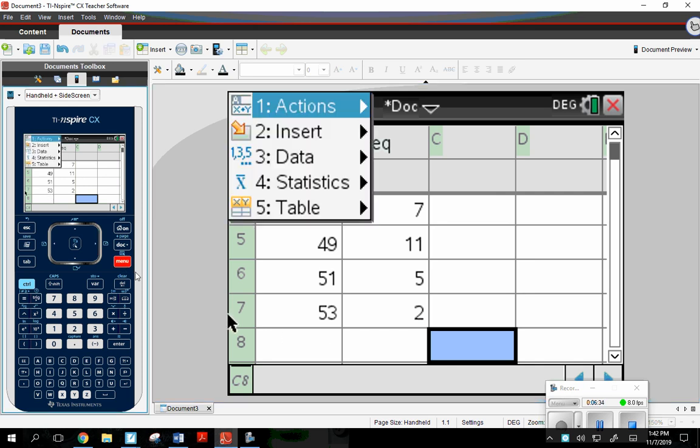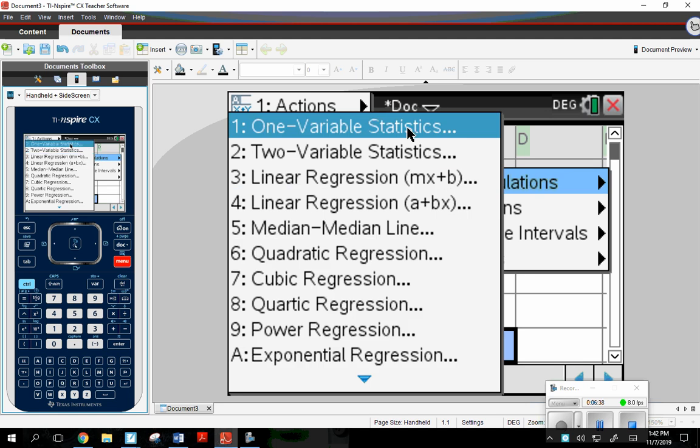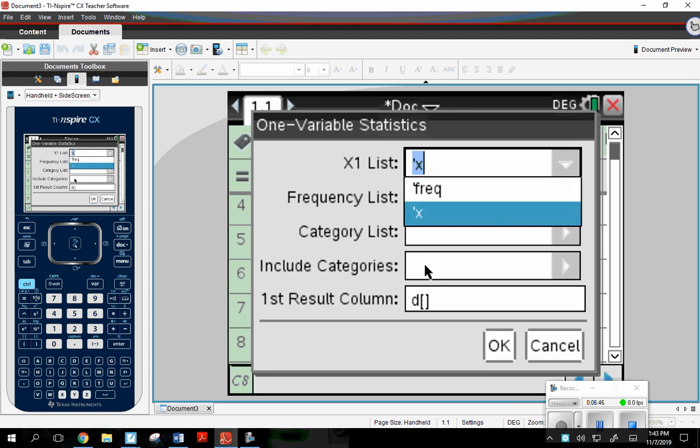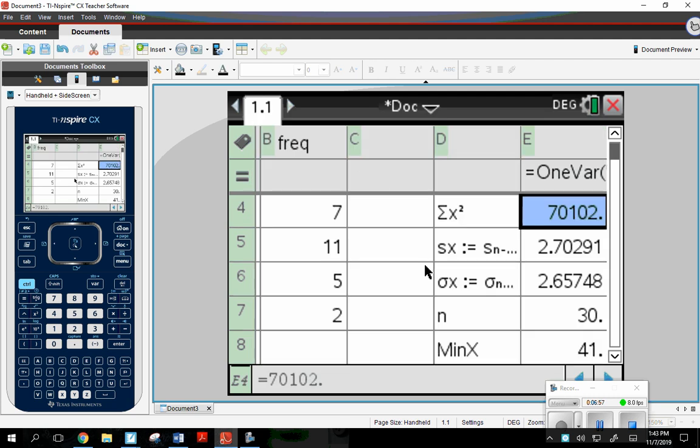Okay, menu, statistics, one variable, remember, because it's just a frequency list. Okay, and then we're going to delete that. Okay, so the first column is my X list. The second column is going to be my frequency list. Again, it's showing up in column D, and here we go.